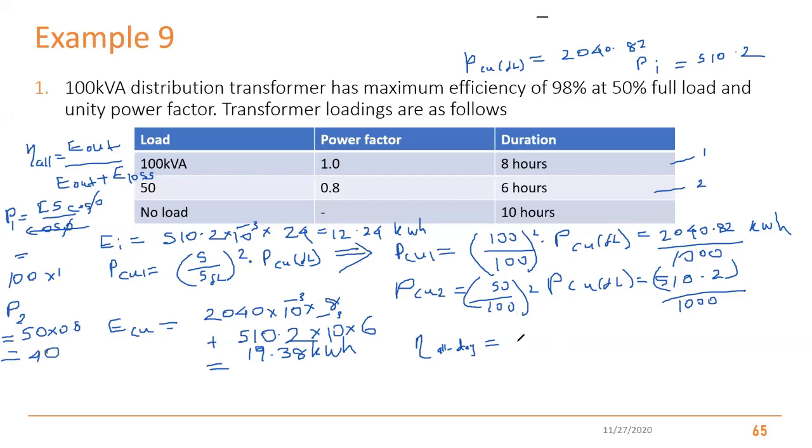Right? Therefore 100 multiplied by 8 hours plus 40 into 16 is again 108 plus 40 into 6, plus copper is this much.